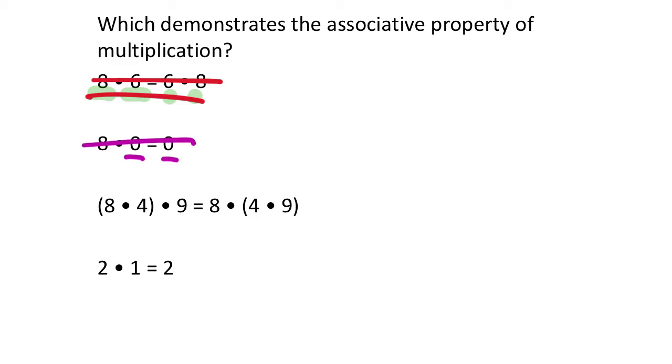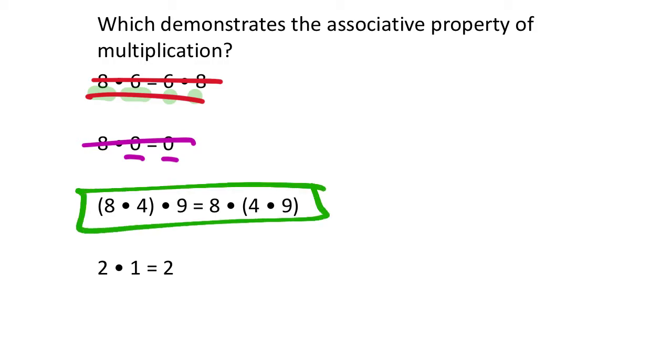We know the associative property should include parentheses. This one didn't have any. So this next one, yeah, now we got parentheses. 8 times 4 times 9 equals 8 times 4 times 9. Well, we see that it's 8, 4, 9, 8, 4, 9. The order didn't change, but the location of the parentheses does. That is the associative property right there.